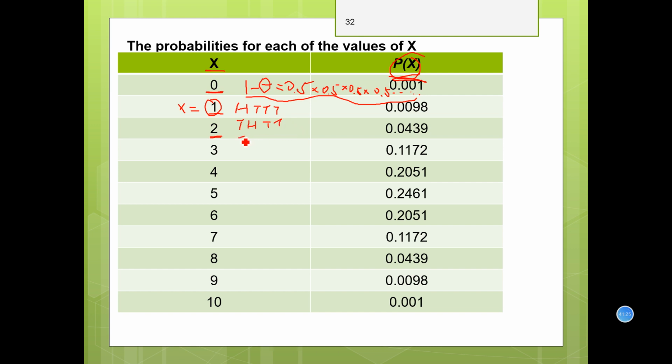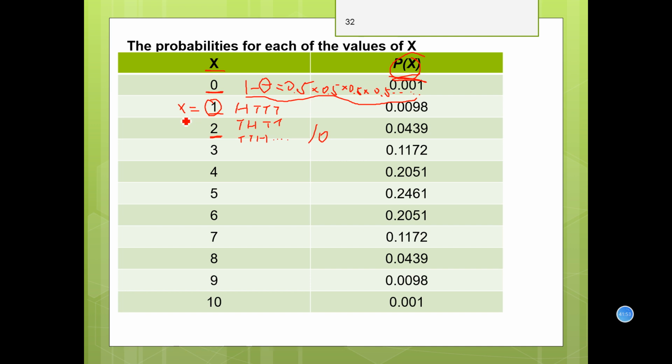And there is another condition, that is 2 tails and the third one is a head, and so on, right? So how many possible conditions can we get? Yes, we can get 10 possible conditions.